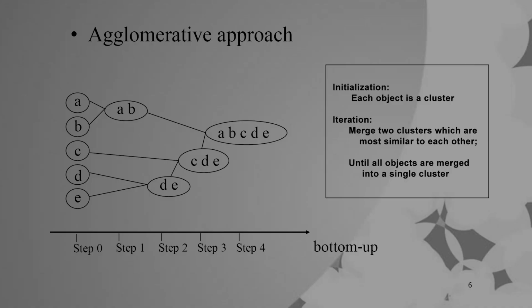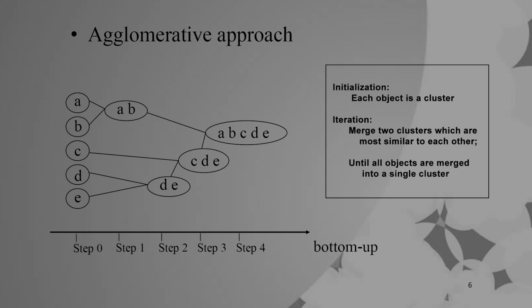In the agglomerative approach, if you look at the right side, you have the little algorithm or the steps. In the initialization step, we say each object is a cluster. This is a bottom-up approach. Now, if you look at the visual, you will find that each of the data objects A, B, C, D and E are put in an individual cluster, each one of them.